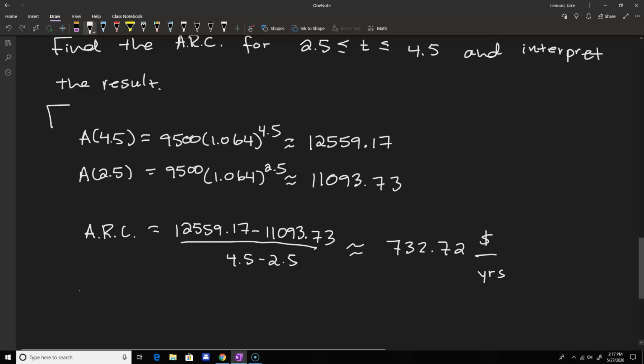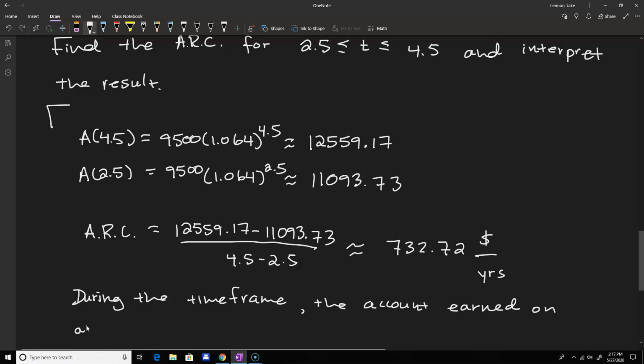So it's telling us that during the time frame from 2.5 years after the account was opened to 4.5 years, the account earned on average $732.72 per year.